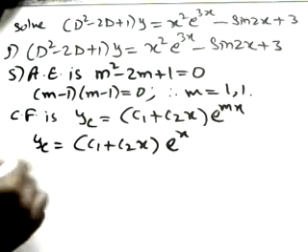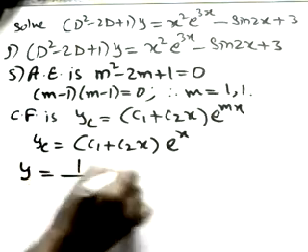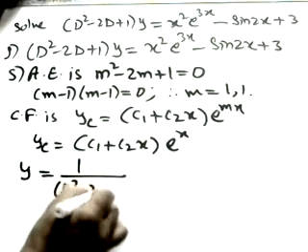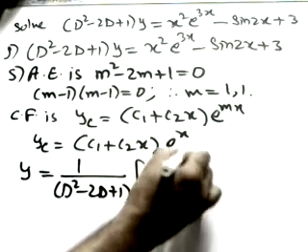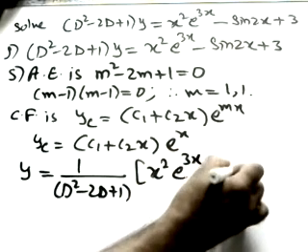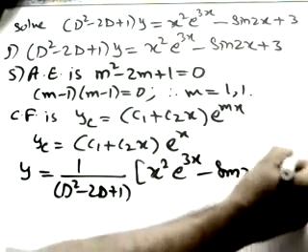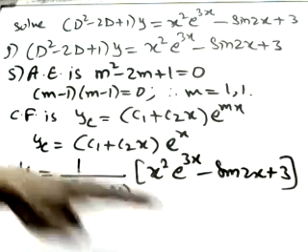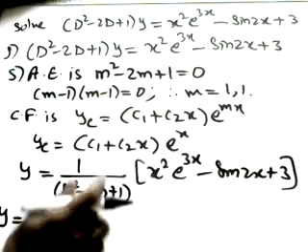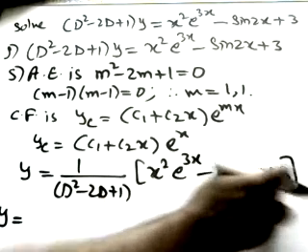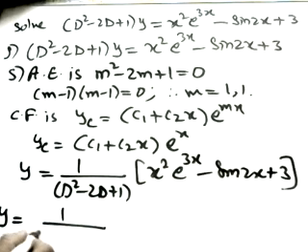For the particular integral, we must bring D to that side. What is here? 1 divided by D square minus 2D plus 1 into x square e power 3x minus sin 2x plus 3. We can continue this one. Let me separate this one. Y equals, write this with all the three functions.